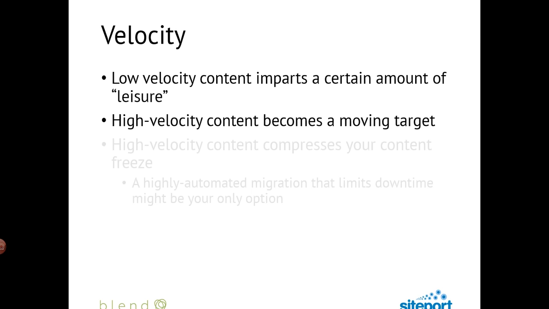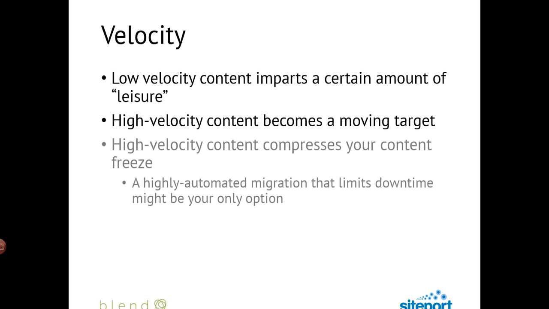High velocity content is more troubling because it really becomes a moving target. If pages are changing every single day and I'm going to launch in a month, well then a page could change 30 times before I launch. And so my only choice is to migrate that content as late as possible. Ideally migrate at the last possible second before I launch.